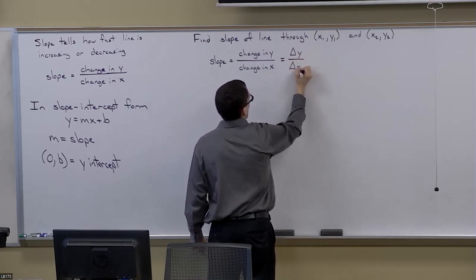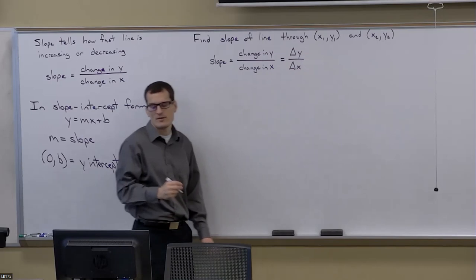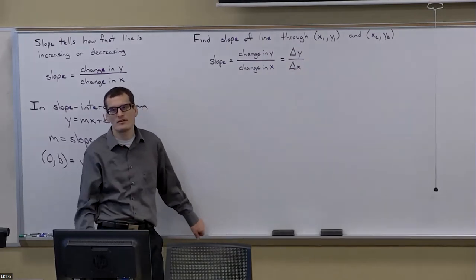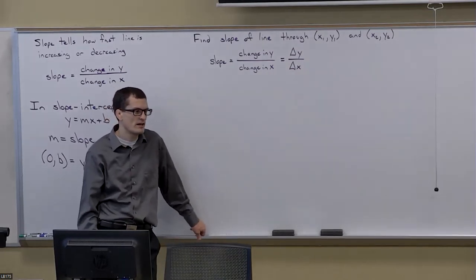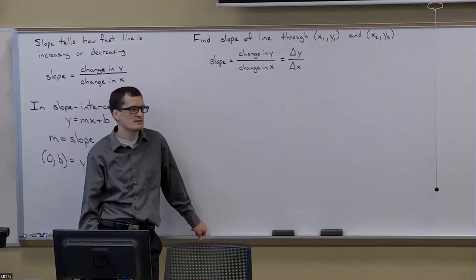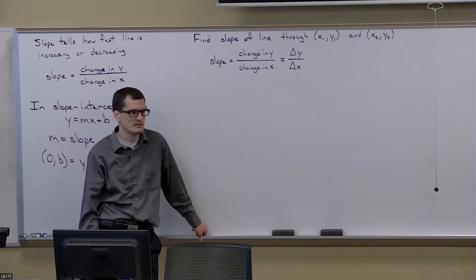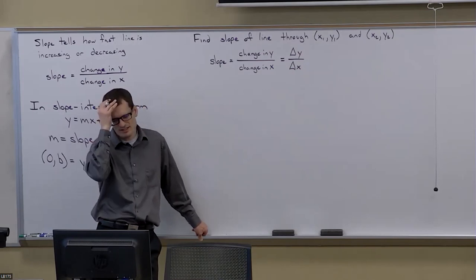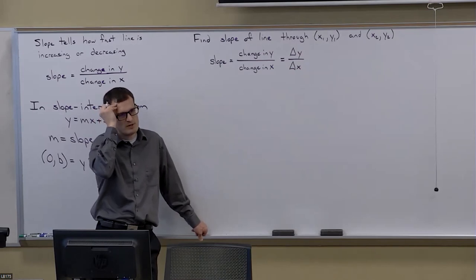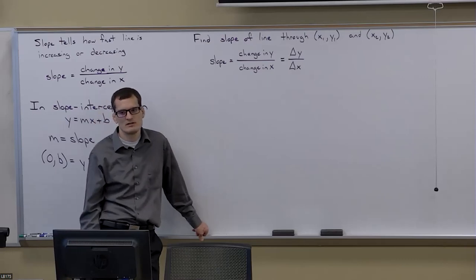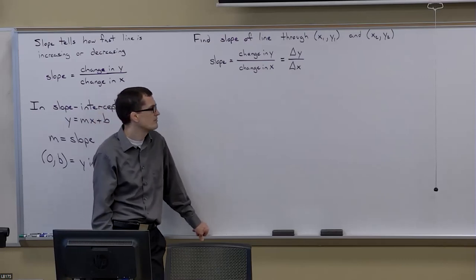Sometimes that's written in shorthand as capital delta y over delta x. That's change in y over change in x. So that's the shorthand for change in something. That's the change in the y value divided by the change in the x value. We're not going to use a lot of delta notation in here, but in Calc 1 you use delta notation. So at least I'll mention it here.